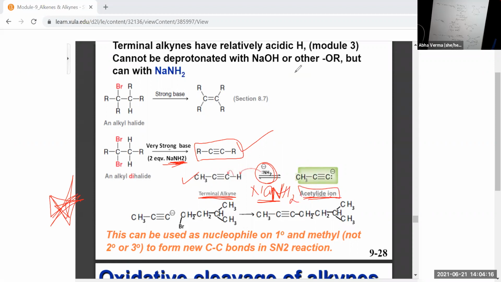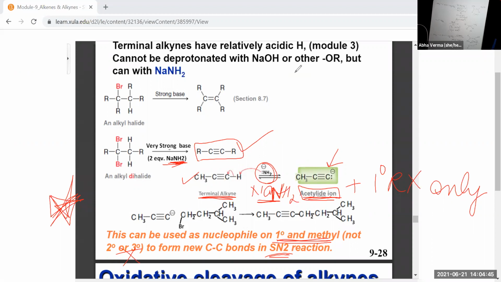When you have an acetylide ion, it can only react with the primary and methyl. So with less bulky substrates only. Not with a secondary halide, definitely not with a tertiary halide, ever. Why? Because it is an SN2 reaction. This is a very strong nucleophile, C negative.